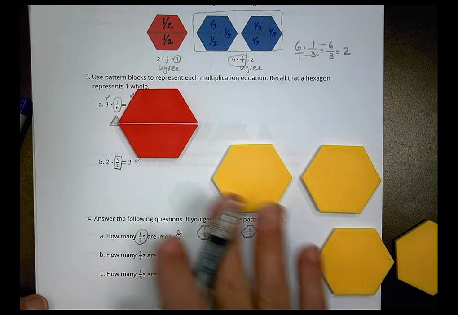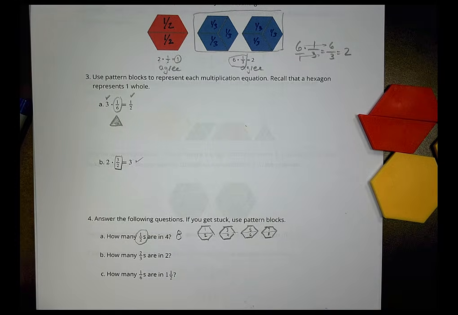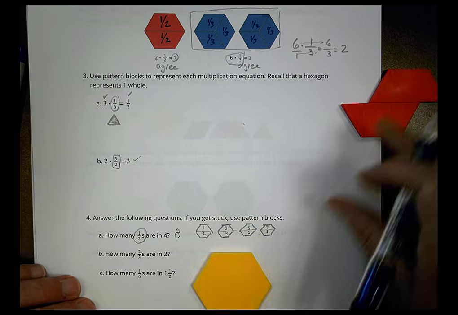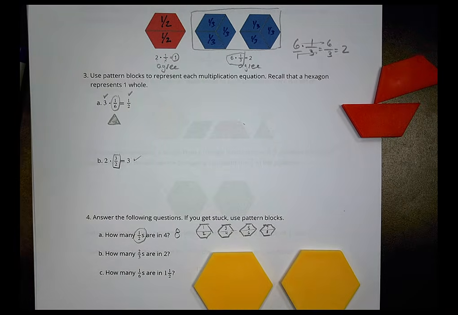All right. Next one says, how many 2/3 are in 2? How many 2/3 are in 2? Now that one's a little different to think about. Okay, so if we think about 2, and this is 2 wholes right here, and we're talking about 2/3. Now 2/3 is a little bit different, right? So how do I get 2/3 out of this here?